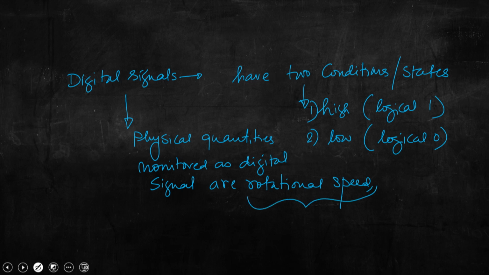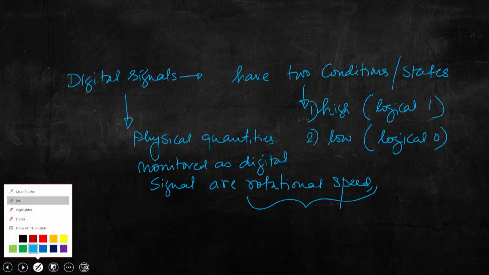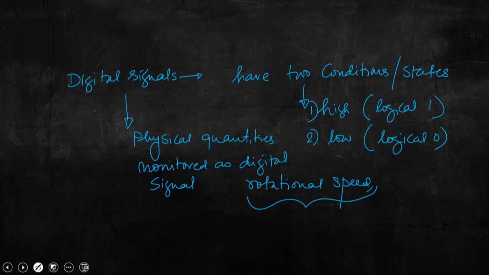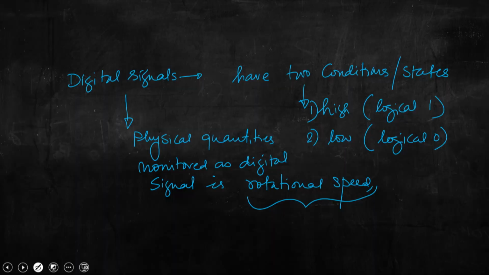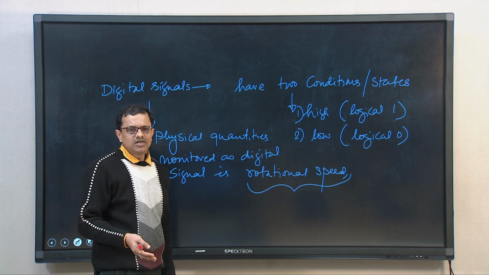This rotational speed can be measured using Hall effect and magnetoresistive sensors. So, if the input is a digital signal, there is no need of an analog to digital converter. Since this is a digital signal, the microprocessor can process this data without any need of prior conversion.